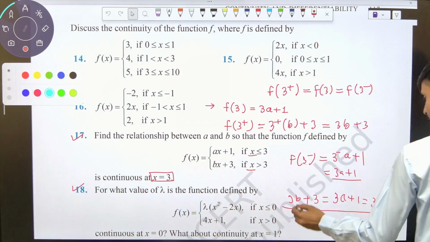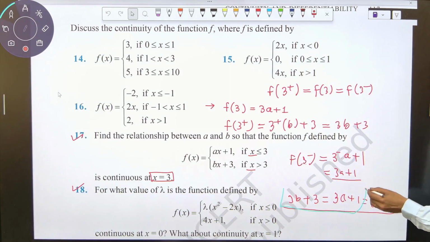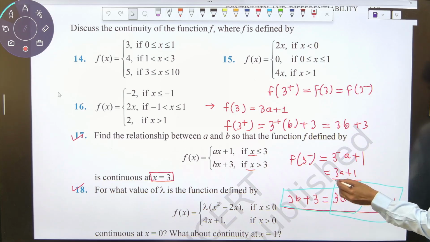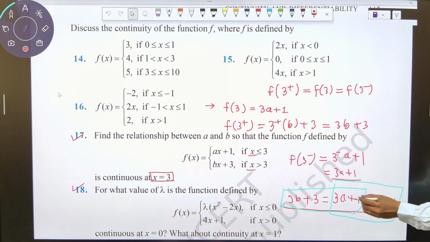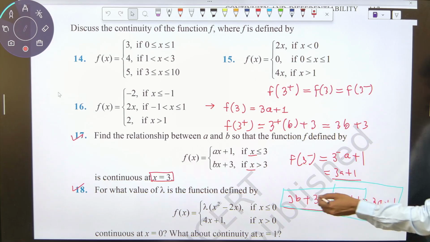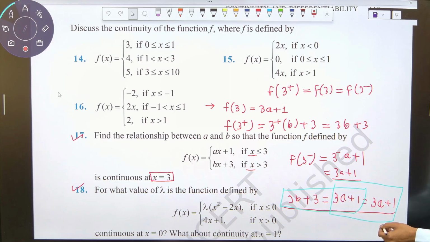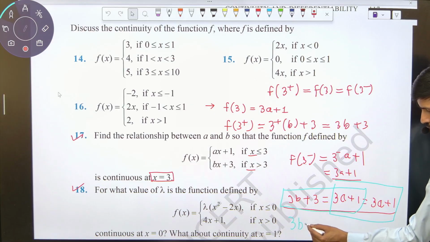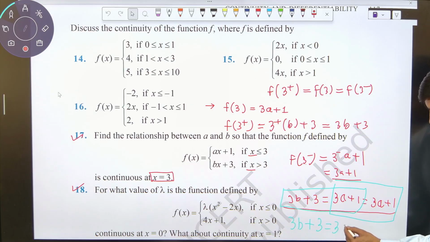First I will equate this, and then I will equate this. Can you see both are already equal? Both are already equal, it means you cannot solve. You only get one relation from these two. These are already equal, yes or no? So I have to write 3b plus 3 is equal to 3a plus 1.